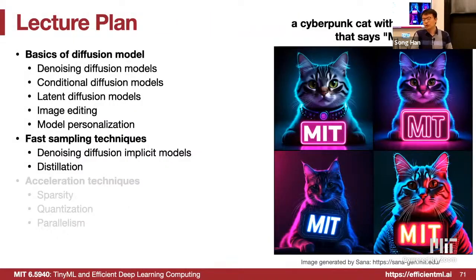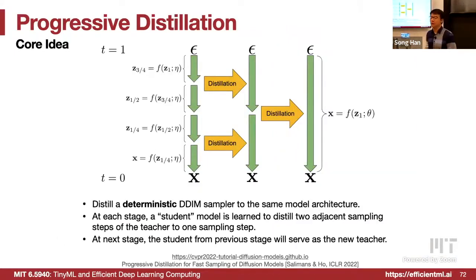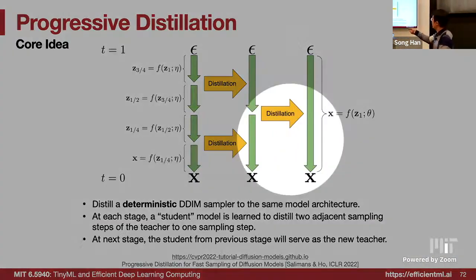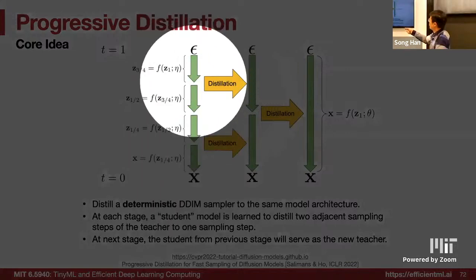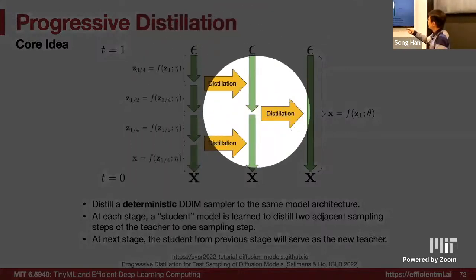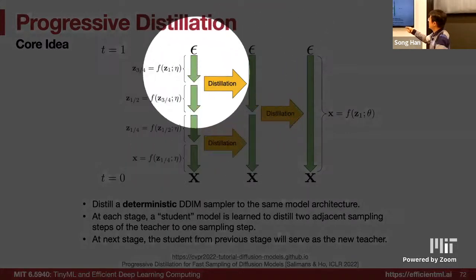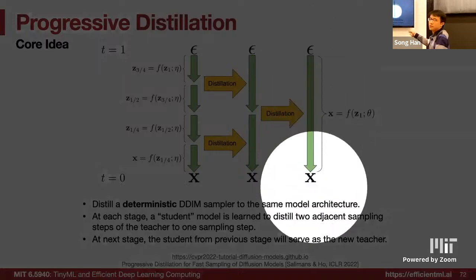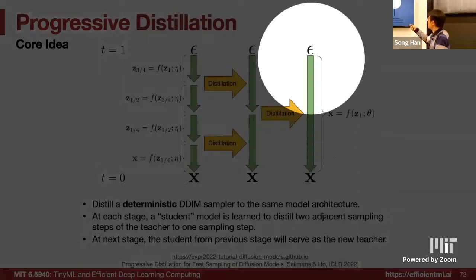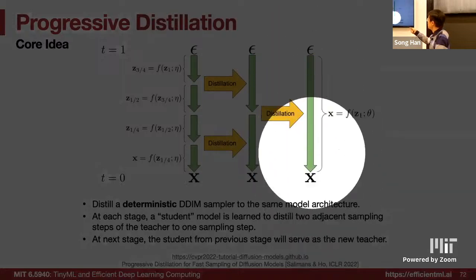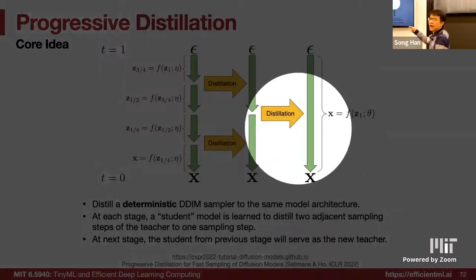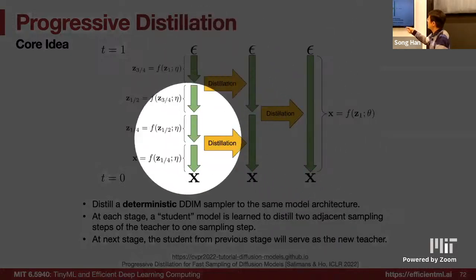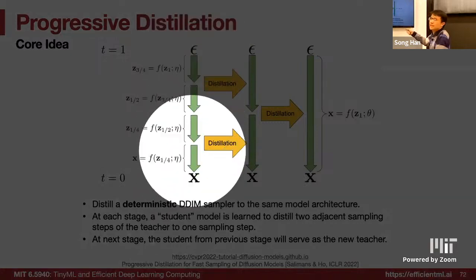Another approach to reduce the number of steps is by using distillation. So this is a 4-step model. We can distill it such that a single step in the student network does the same as 2 steps in the teacher network. We can do another generation of distillation such that the student directly uses 1 step to model what the teacher did in 4 steps.